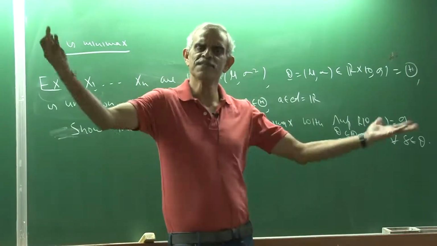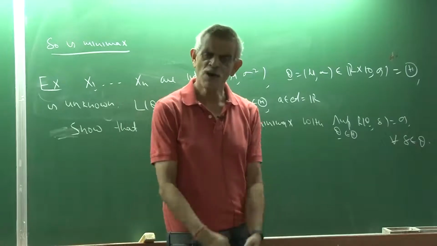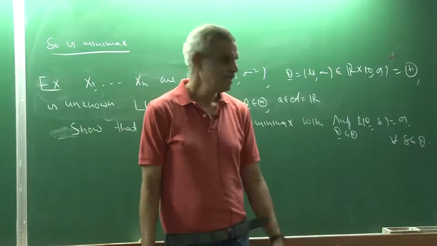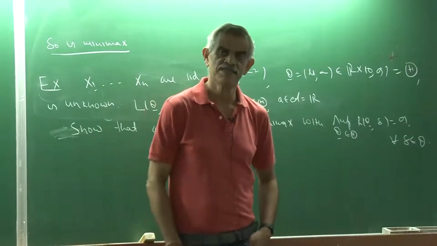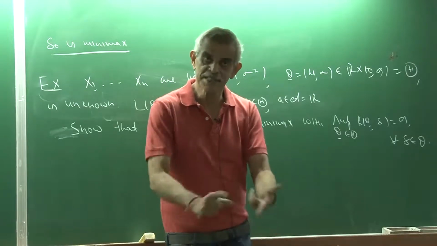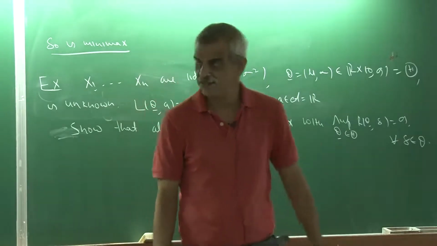So for all the estimators, the maximum risk is infinite. So all estimators are equally good, or all estimators are equally bad, in terms of the minimaxity criterion. So I can say that all estimators are minimax, but the maximum risk for all the estimators is infinite.